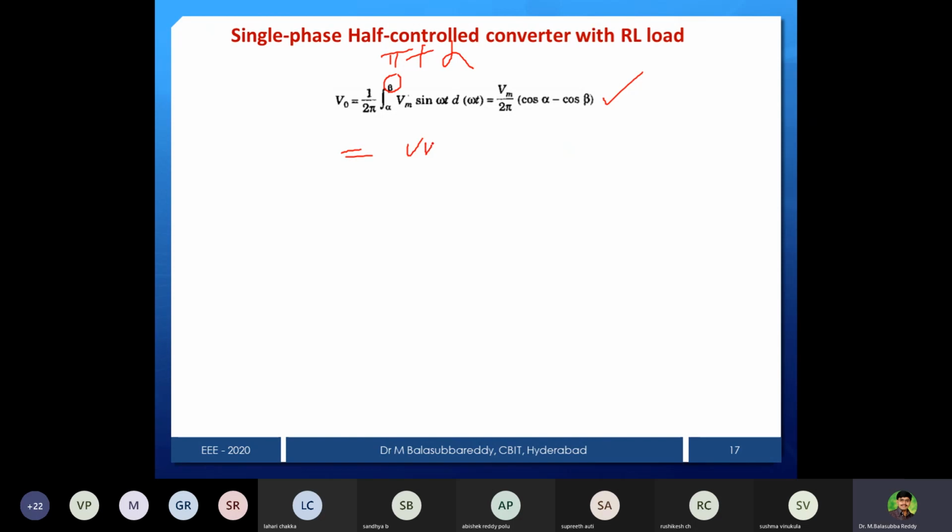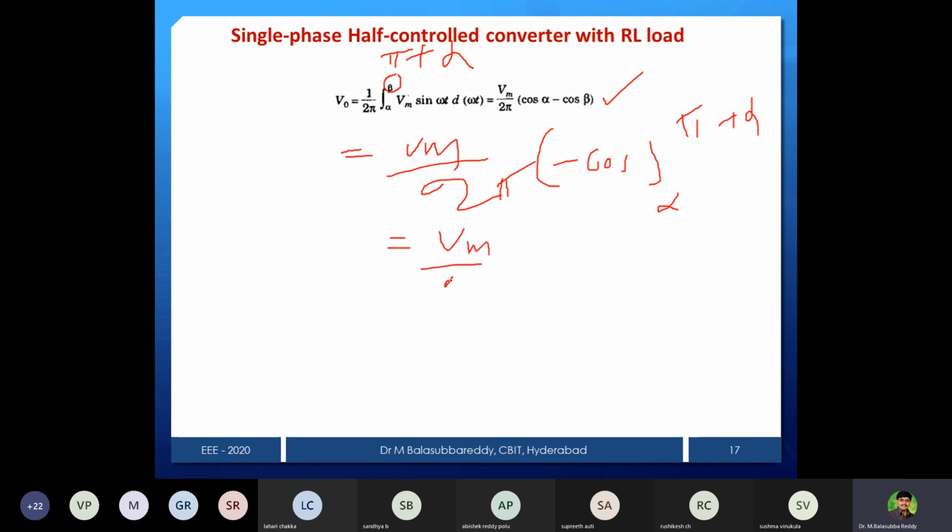Now for continuous mode, Vm by 2 pi, the integral of sin omega t gives minus cos omega t from alpha to pi plus alpha. So here cos of pi plus alpha gives minus cos alpha, and plus cos alpha, that gives 2 cos alpha.